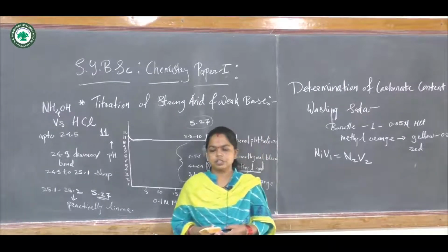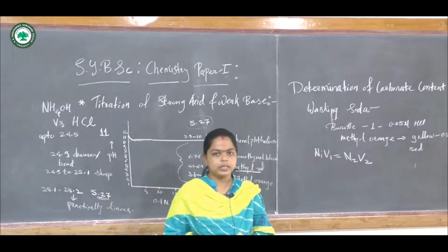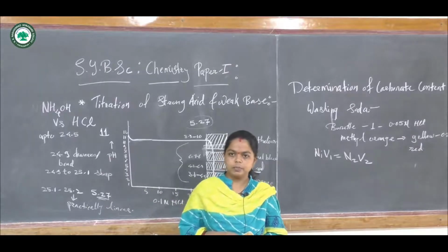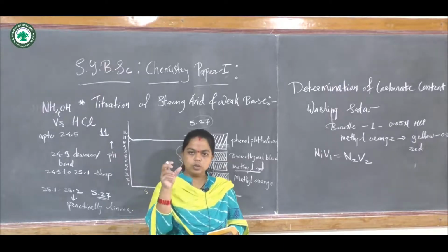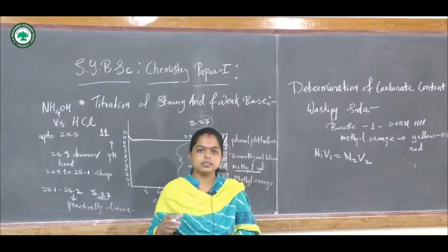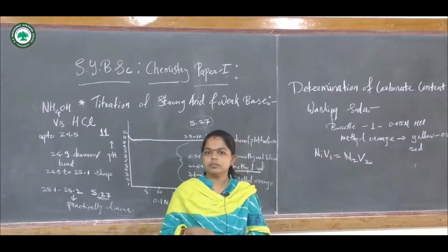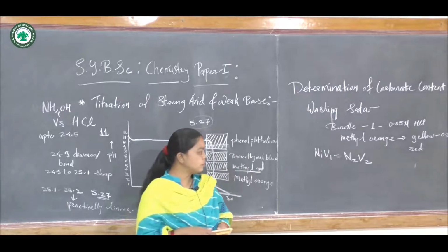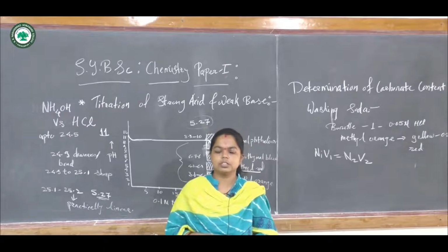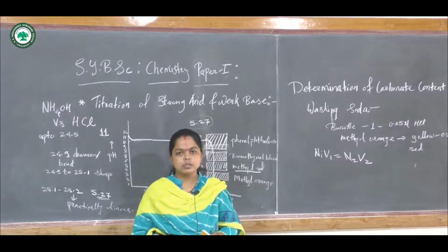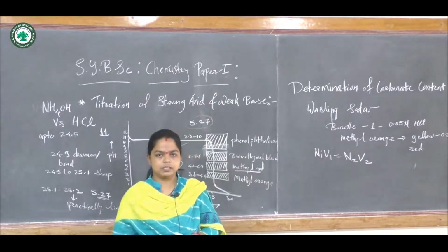When we add the methyl orange indicator, the solution becomes yellow, and at the end point it changes into orange red color. When orange red color arrives, that is the equivalence point for the titration. We note down that reading, and from this formula we can calculate the exact normality or concentration of the sodium carbonate. So this is about the titration of the strong acid with the weak base.